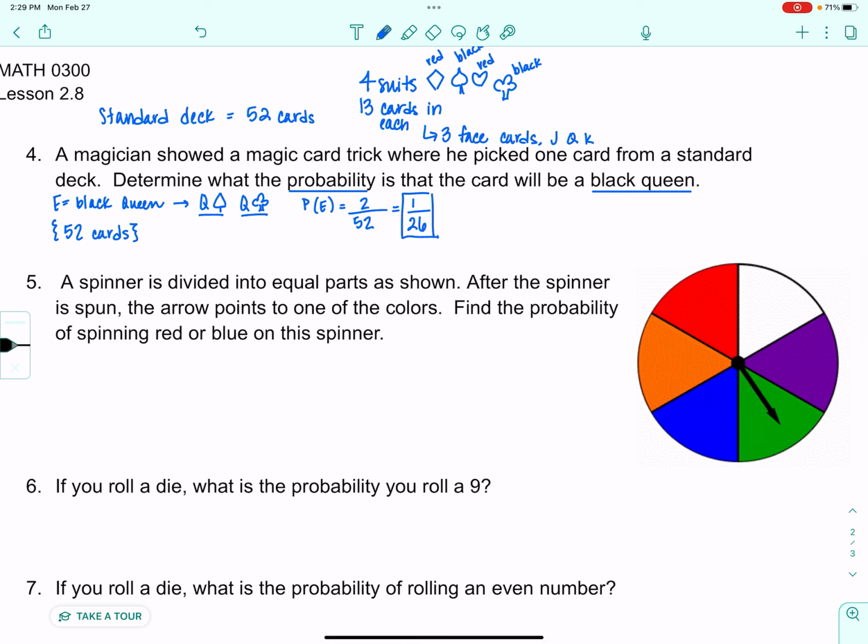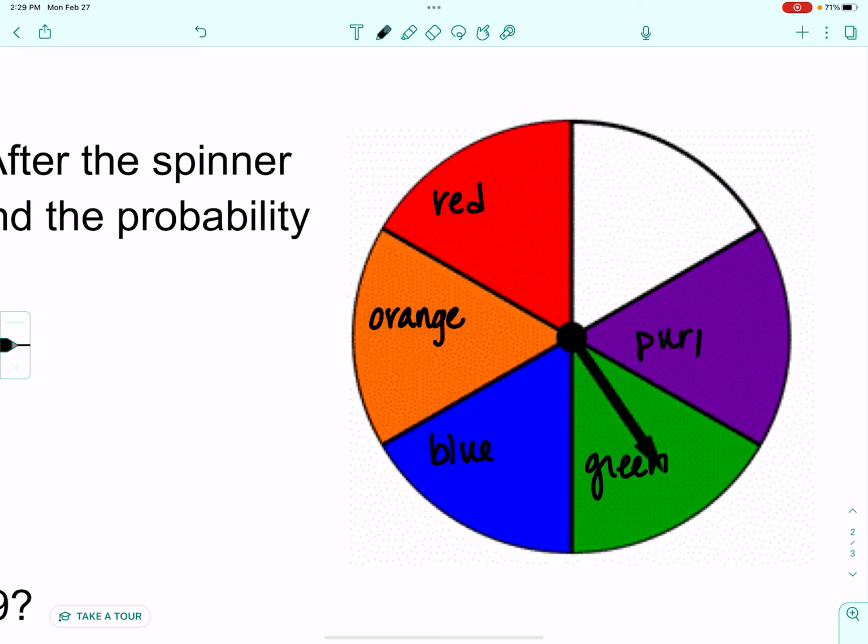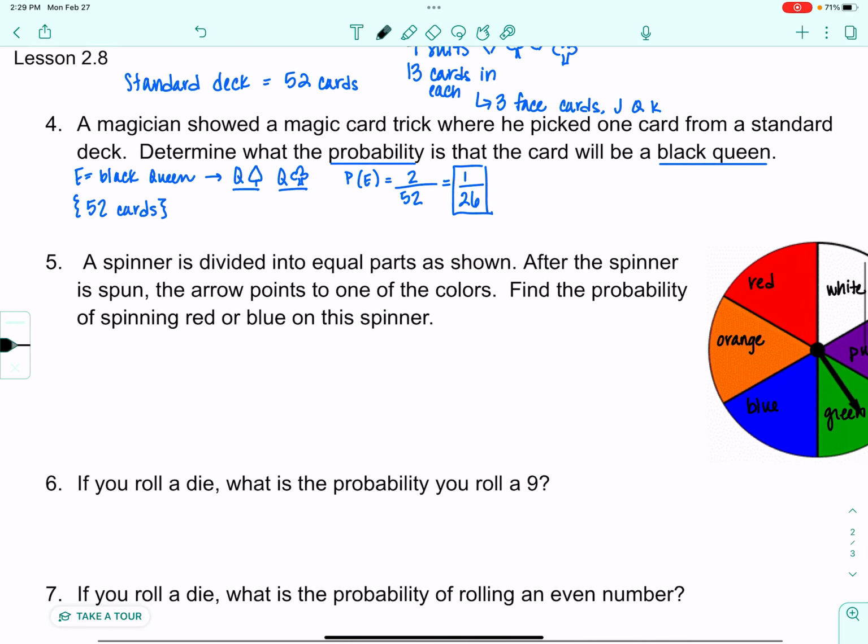A lot of people also like spinners. So we have a spinner divided into equal parts. In case you are seeing this in black and white on your copies, this is red, orange, blue, green, purple, and white.